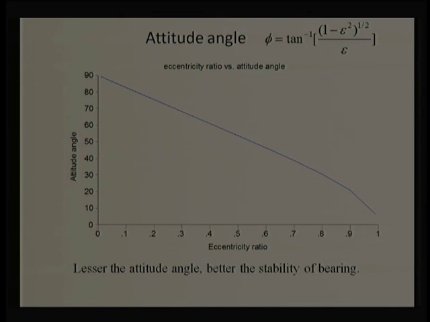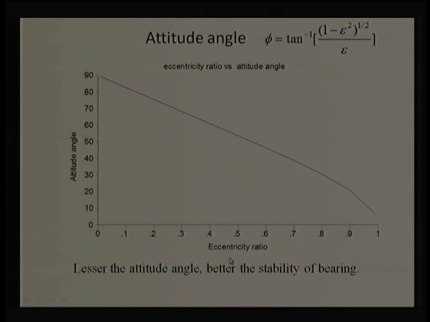In practical situations, we do not want a much smaller attitude angle. That is why, from the designer's point of view, I will keep eccentricity ratio up to 0.88 or say 0.80. More than that will not be recommended, because there will be some fluctuation in the load that may increase the eccentricity ratio. So from design point of view, I will prefer 0.8 as maximum and 0.5 or 0.4 as minimum. That should be the operating zone for the bearing.